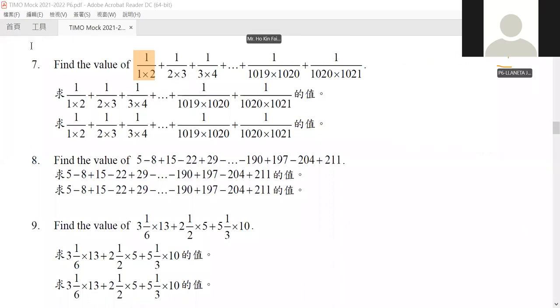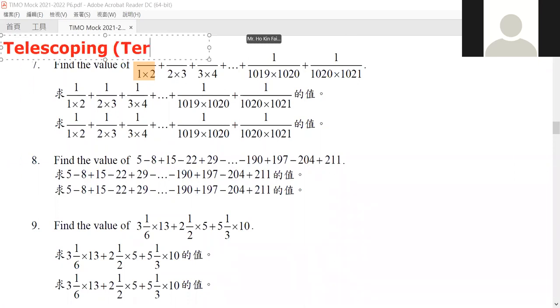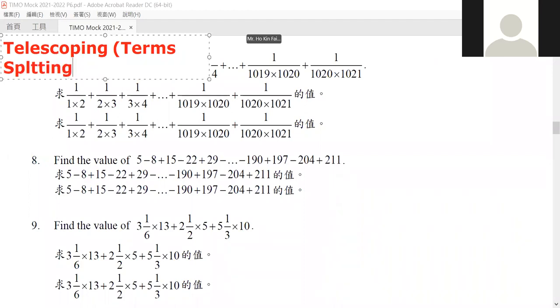I don't know why this is called telescoping, but this is the name of the technique. Telescoping, sometimes we call it term splitting. We split this rational number into several different terms.